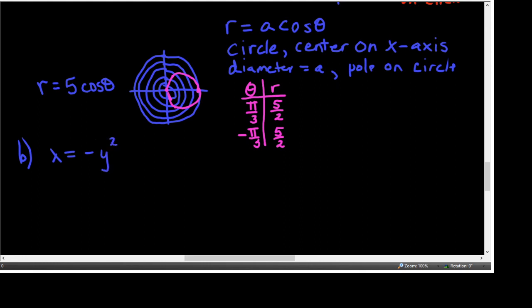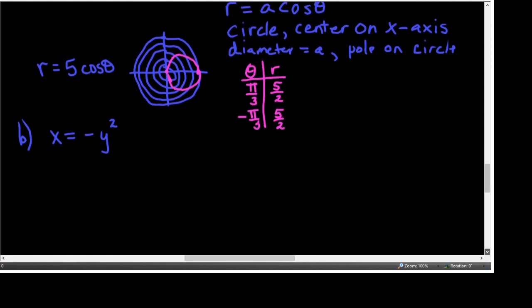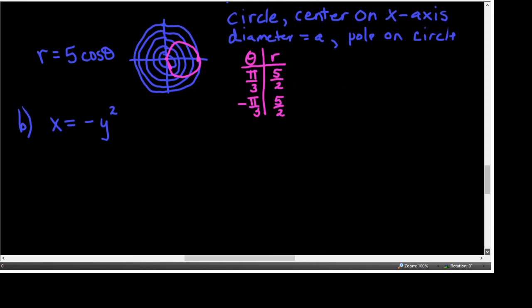Okay. And this is in a lot of ways easier than the other way around, because if you have an x, you can always replace it with r cosine theta, equals the opposite of, and you can replace every y with r sine theta. So that substitution is easy.